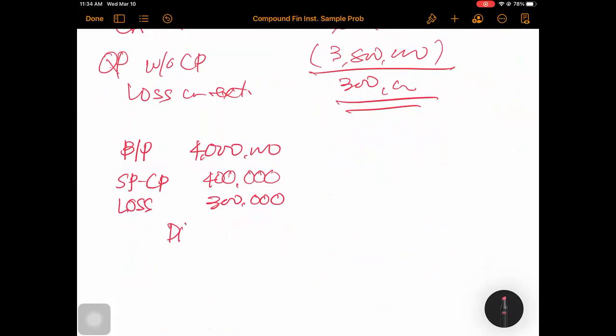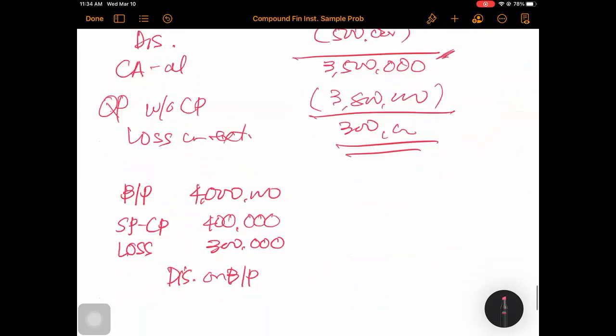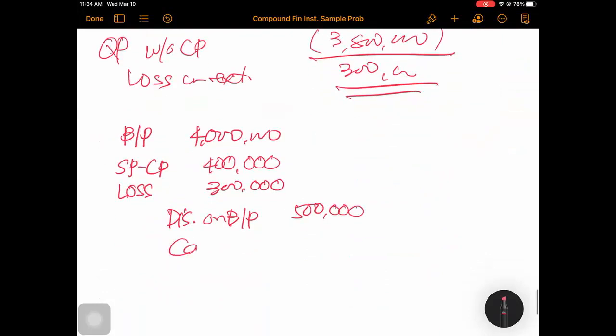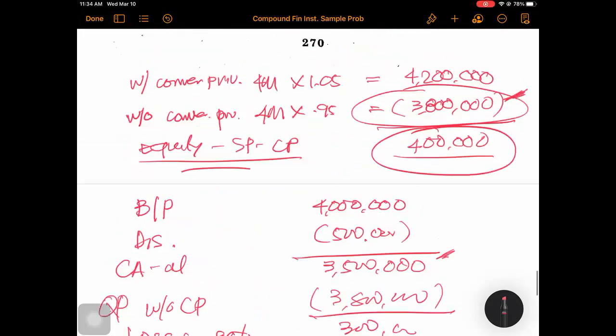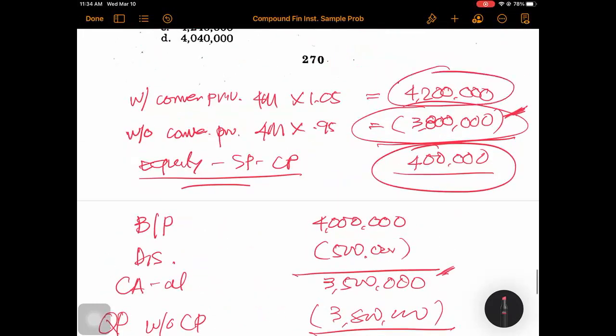You have the discount. Ito tong discount, 500,000. You have the cash. Pila tong gibayad tanan as a whole? 4,200,000.